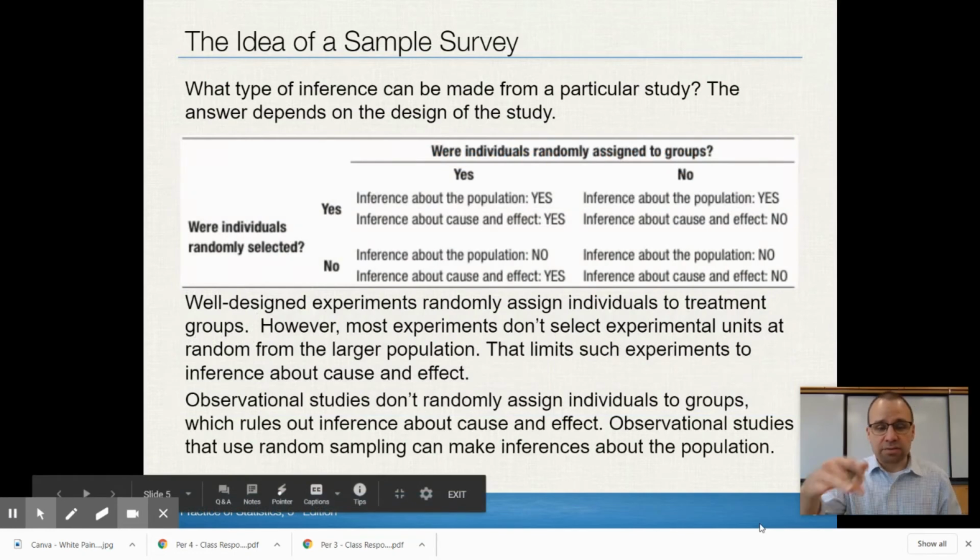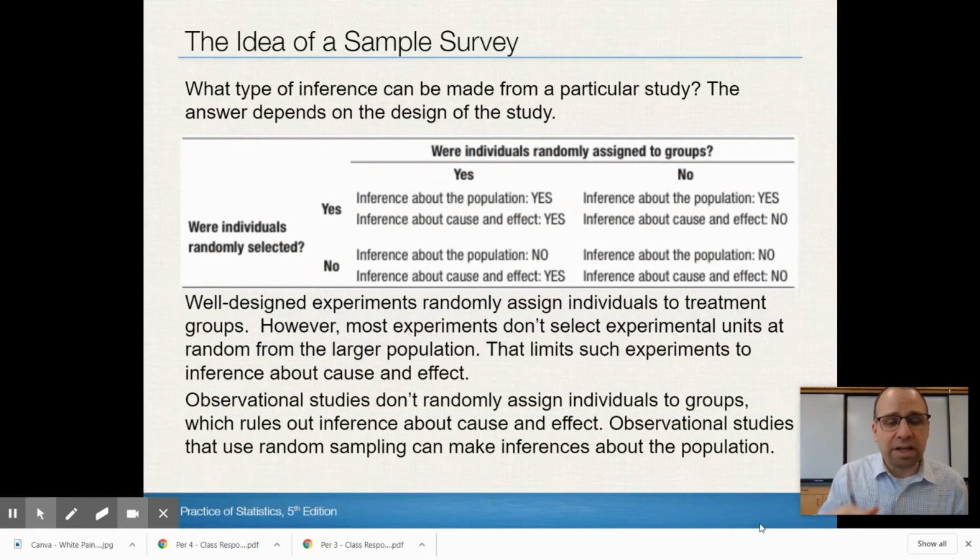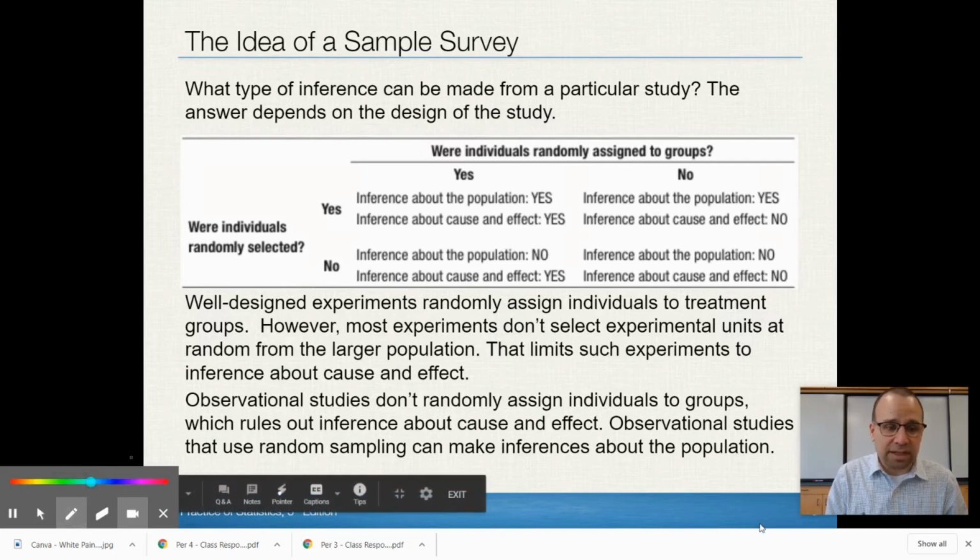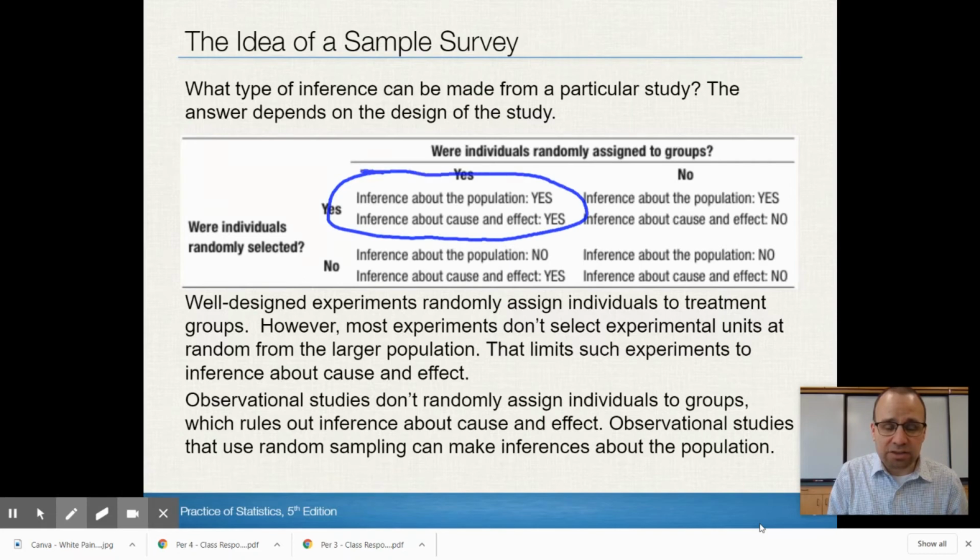So here's a nice little graphic that kind of outlines this. This is in your book too, but go ahead and pause the video so you can read about the inference that you can make. Can you make an inference about the population? It'd be wonderful if in an experiment you actually had people that were randomly selected and they were randomly assigned treatment.